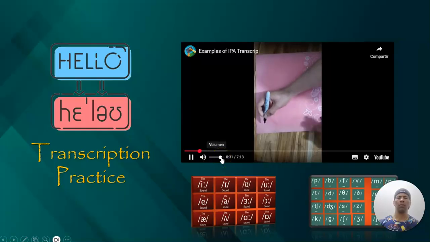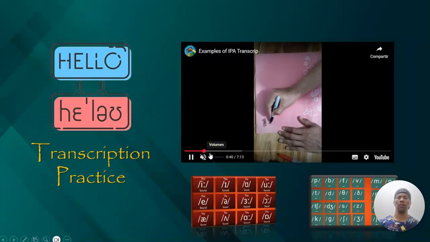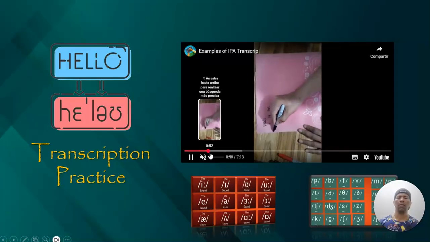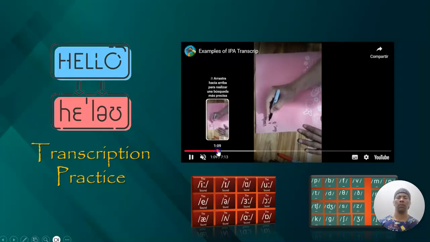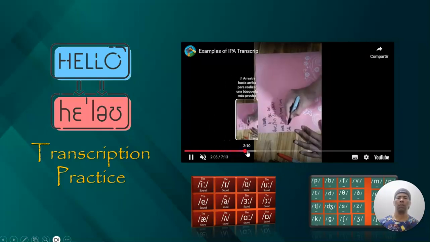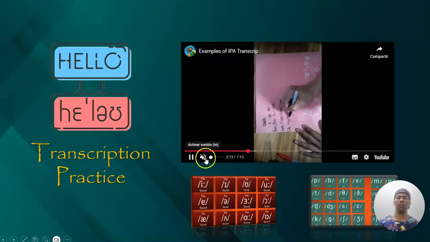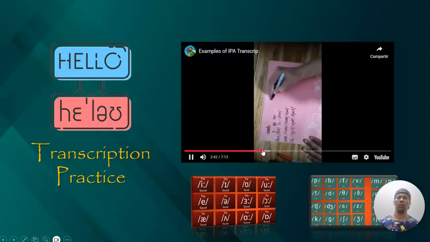Starting with the vowel sounds. And then in British English, that would be cute. Then rhoticity.